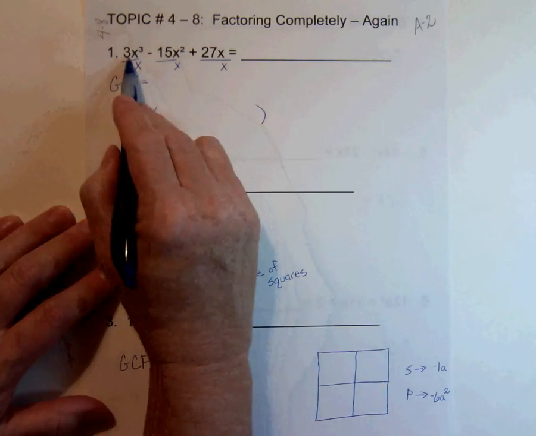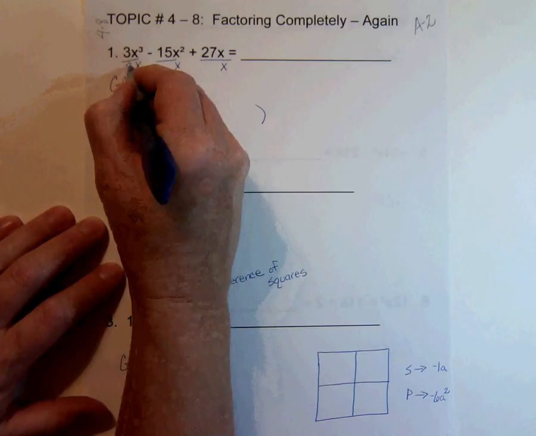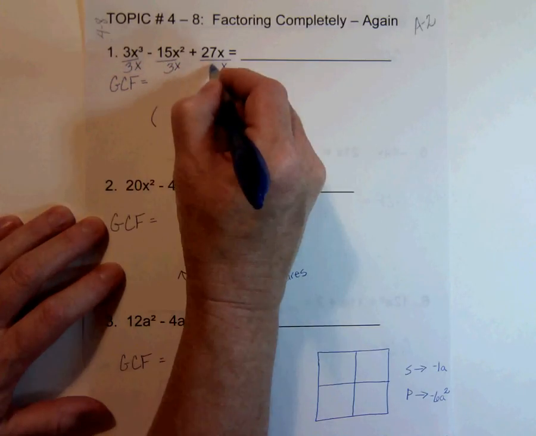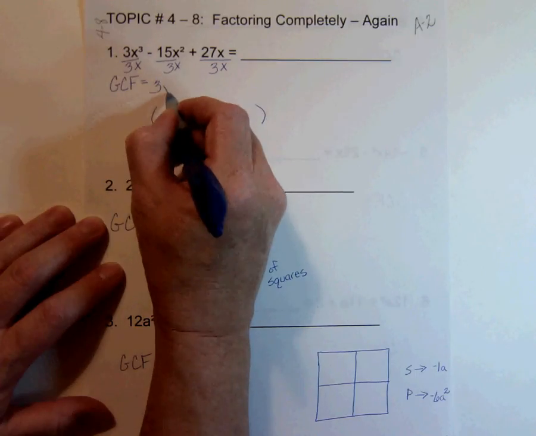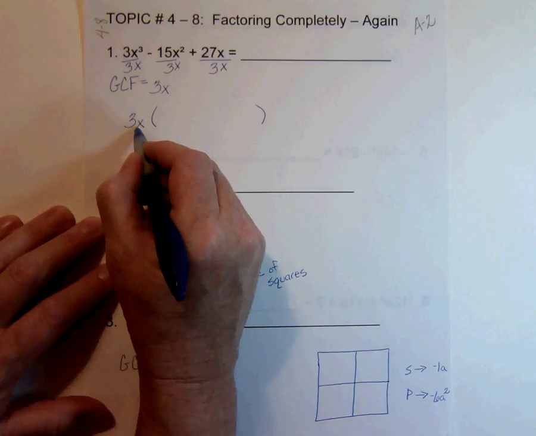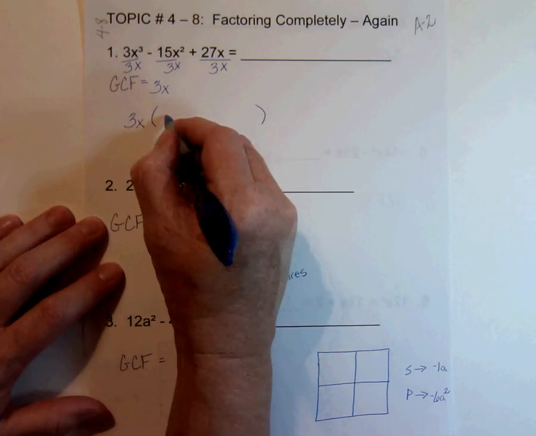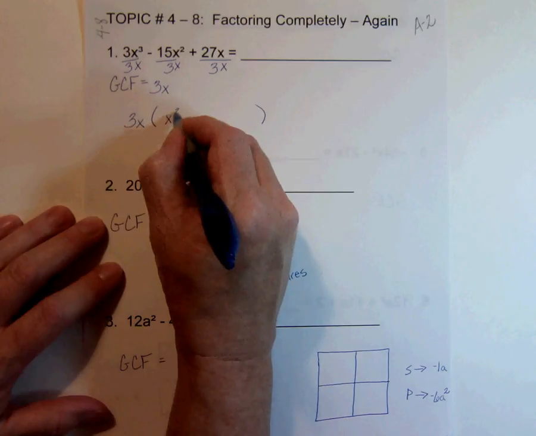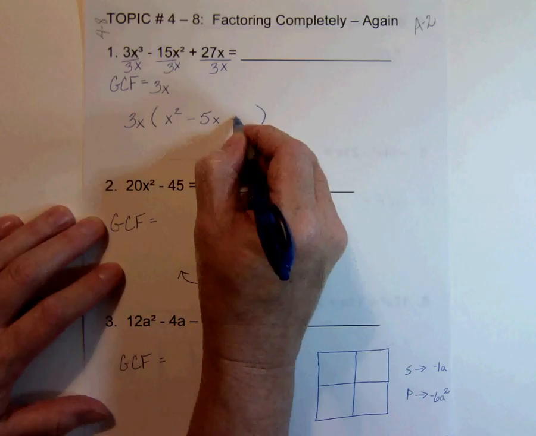Then you look at what's common between your whole numbers, and that would actually be a 3. 3 can be divided by each of those numbers. So our greatest common factor is 3x. That is placed on the outside of the parentheses, and then you're just performing division. This is going to leave you with just an x squared, a negative 5x, and a positive 9.